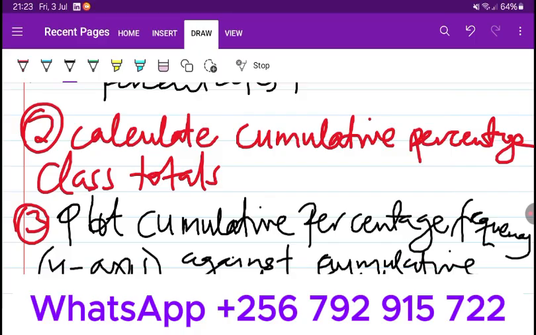So we plot these as a set of points. And then, of course, the next step is for us to join the points and draw a straight line connecting those values.